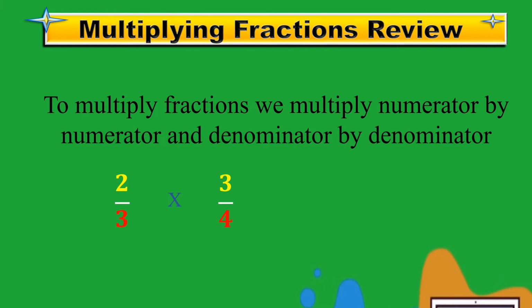So if we want to multiply these two fractions, we multiply the numerator with the numerator. So 2 multiplied by 3 is equal to 6, and we multiply the denominator with the denominator of the second fraction. So 3 times 4 is equal to 12. So I hope now you remember the multiplication of fractions.